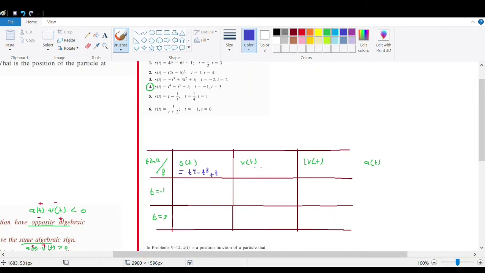And v(t) is just the derivative of this one, so it will be 4t cubed minus 3t squared plus 1, and the speed is the absolute value of this one. The acceleration will be the derivative of v(t), which is equal to 12t squared minus 6t. Now we need to find all these values at the given t.